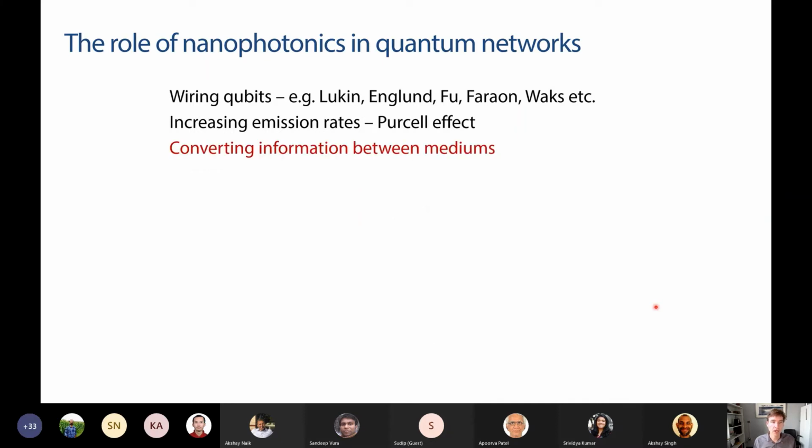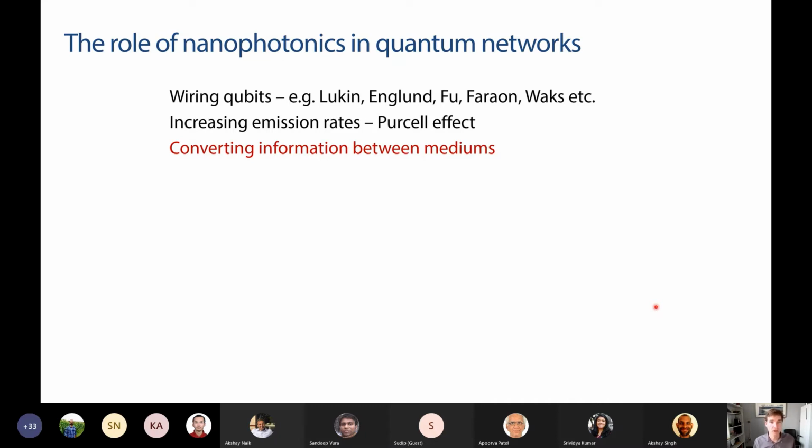What my group has been focused on for the past 5 years or so is using diamond photonic devices as platforms for converting information between different mediums. And I'll talk more about what I mean throughout the rest of my talk.